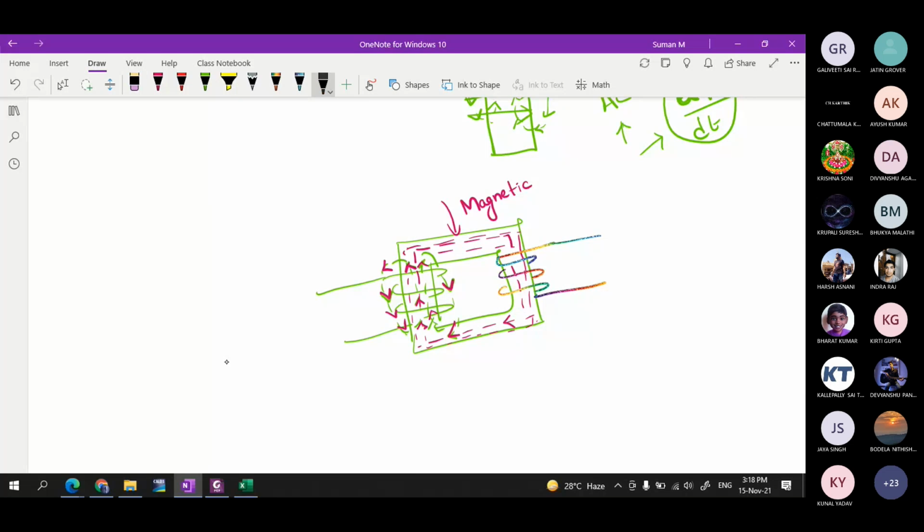Because of that rate of change of flux, there is going to be an EMF induced here. Let us say that this is E1, and already you are having the source voltage, that is nothing but V. Let us consider Vs. No, VP. VP means primary voltage. So you are going to have an EMF induced in this fashion.